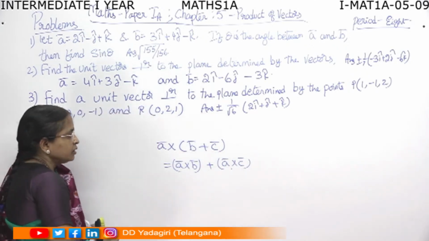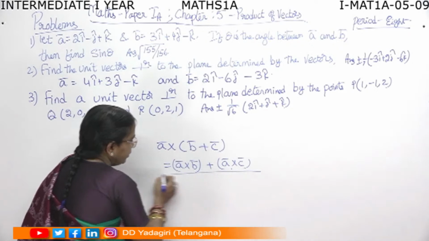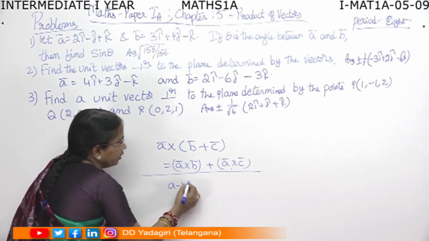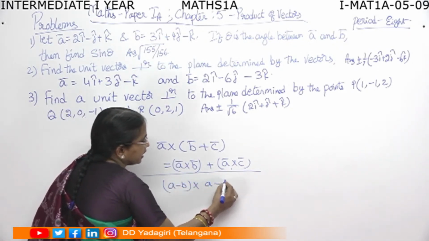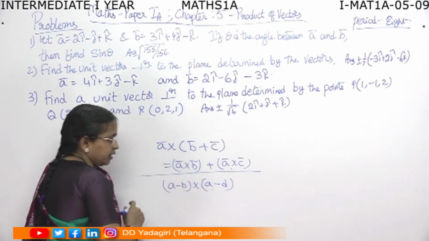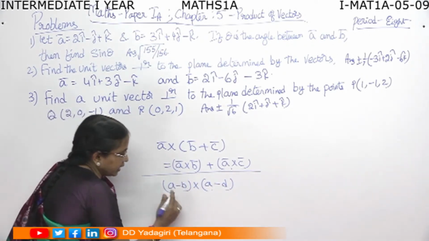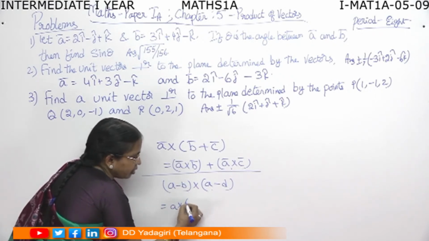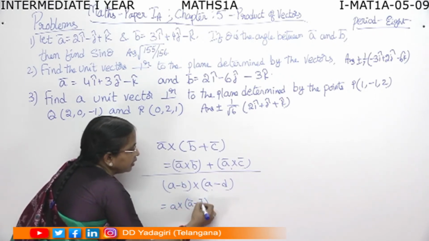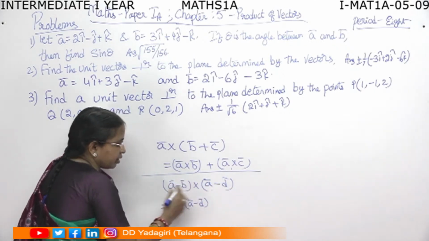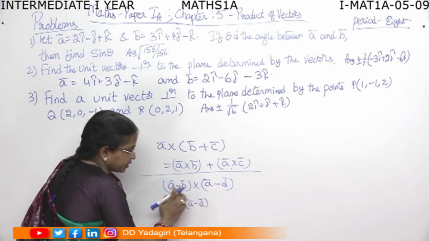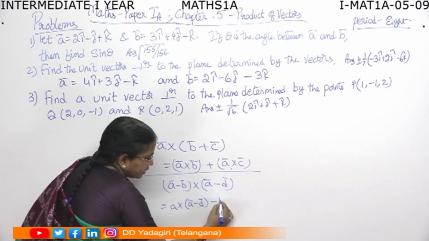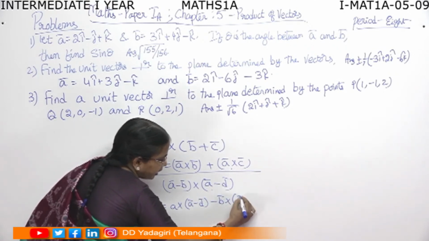Now suppose that you have some (A minus B) cross (A minus D), like this. Then the expansion is like this. It is equal to A cross of (A minus D), these are all vectors, minus B cross of (A minus D).